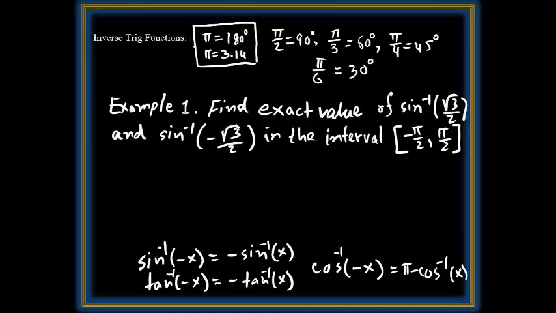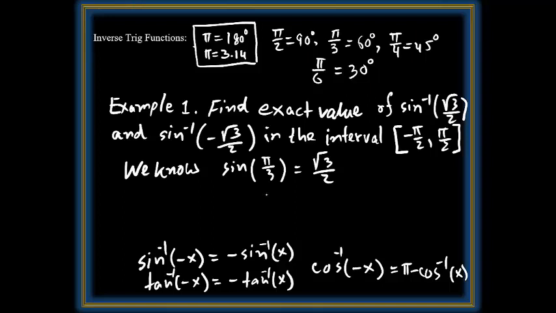We have an example. It says find the exact value of sine inverse square root of 3 over 2 and sine inverse negative square root of 3 over 2 in the interval negative pi by 2 to pi by 2, where the function is 1 to 1. We have already seen in the first quadrant reference angle sine pi by 3, which is 60 degrees. Sine 60 is radical 3 over 2.